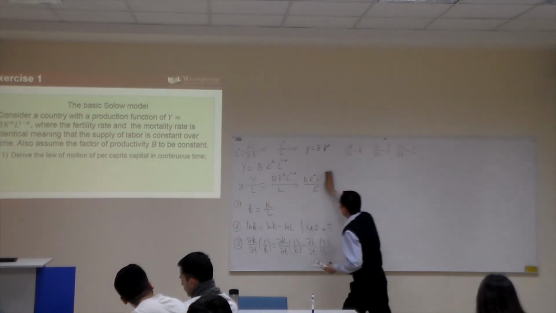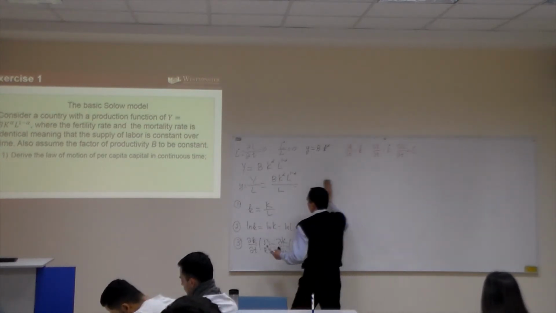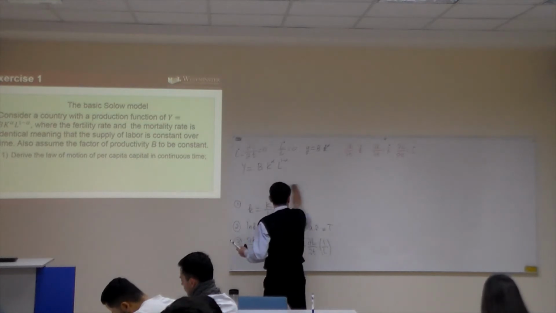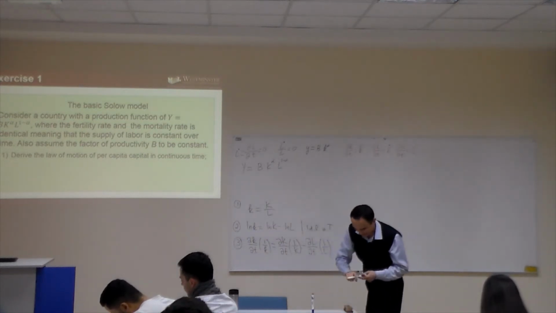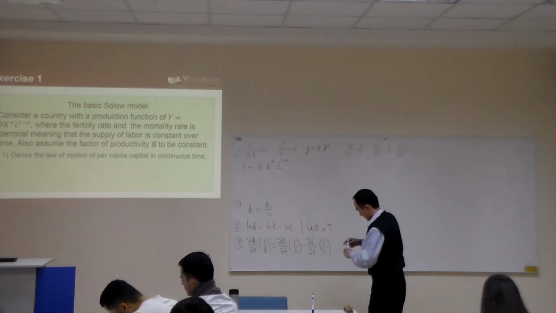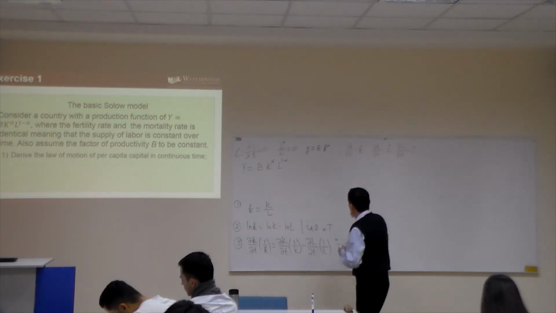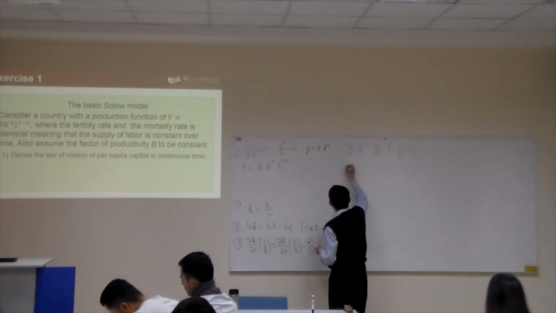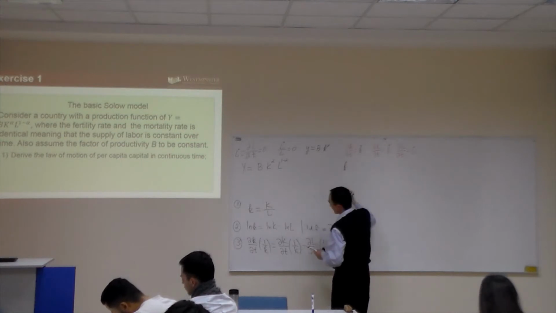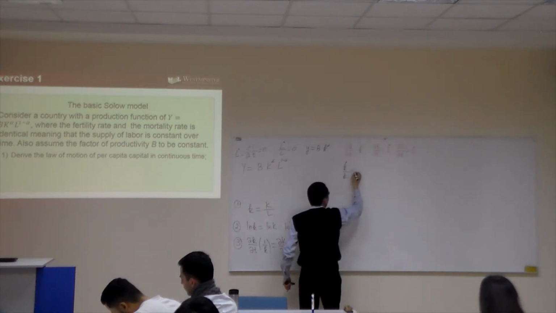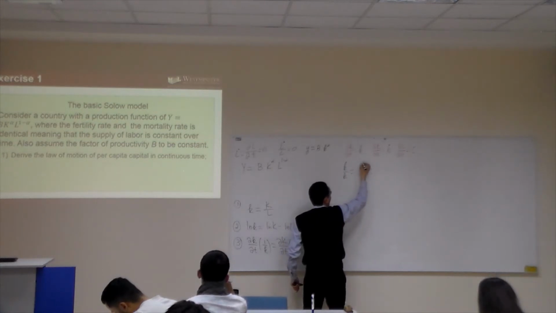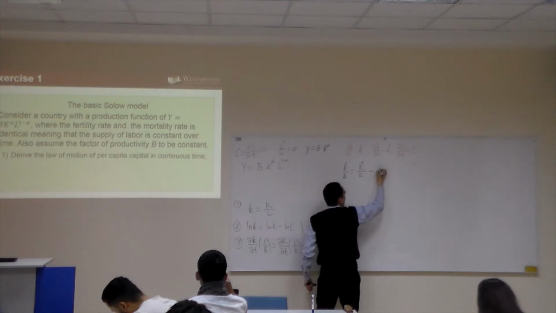So now if you rewrite it, change in per capita capital over per capita capital is equal to change in capital stock over capital stock minus change in labor over labor.